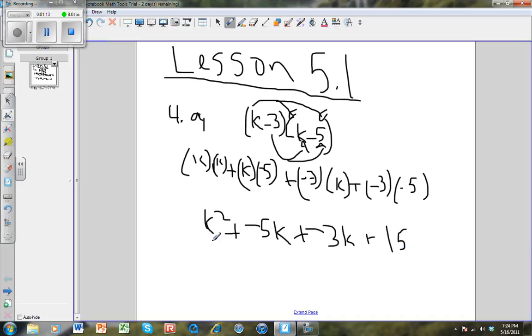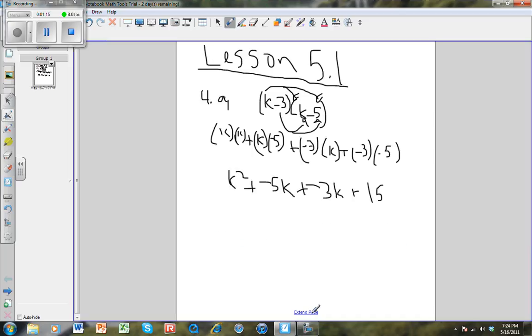Then we could simplify this even further by making it k squared plus negative 8k plus 15, because negative 5 plus negative 3 equals negative 8. And that's our final answer for A.